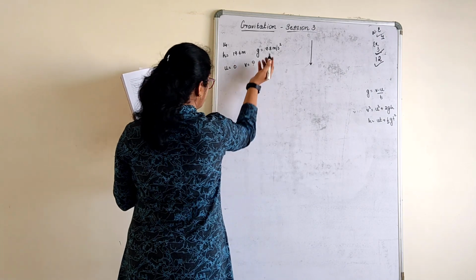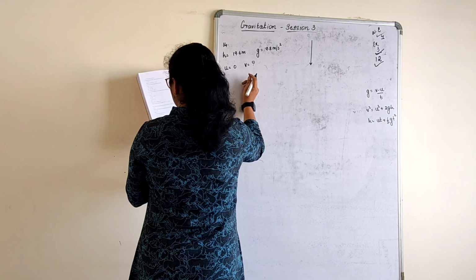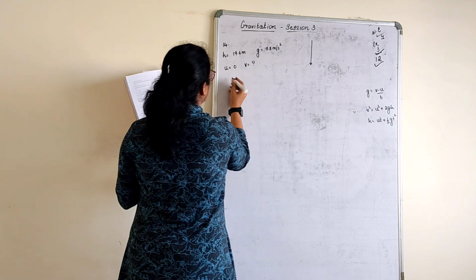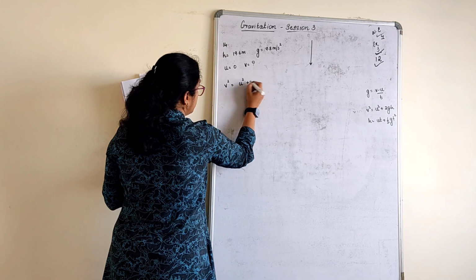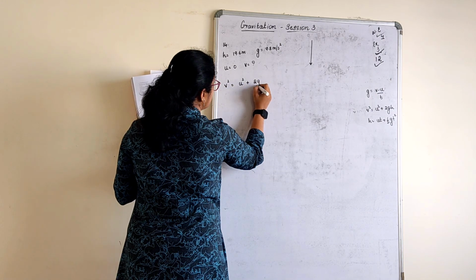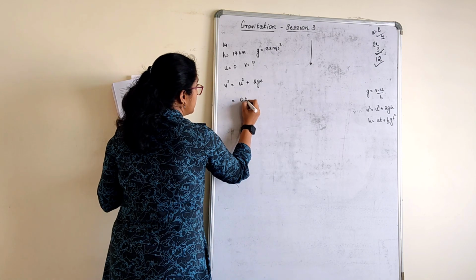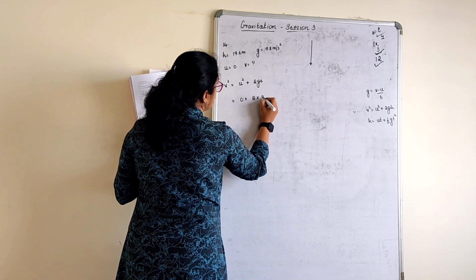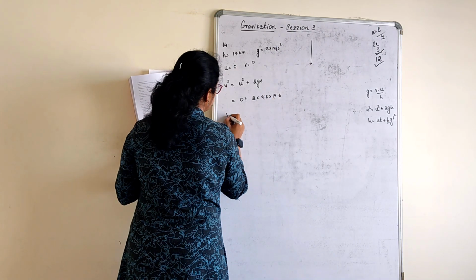So directly we can use the formula here. V square is equal to u square plus 2gs, where v we have to find out: 0 plus 2 into 9.8 into 19.6.